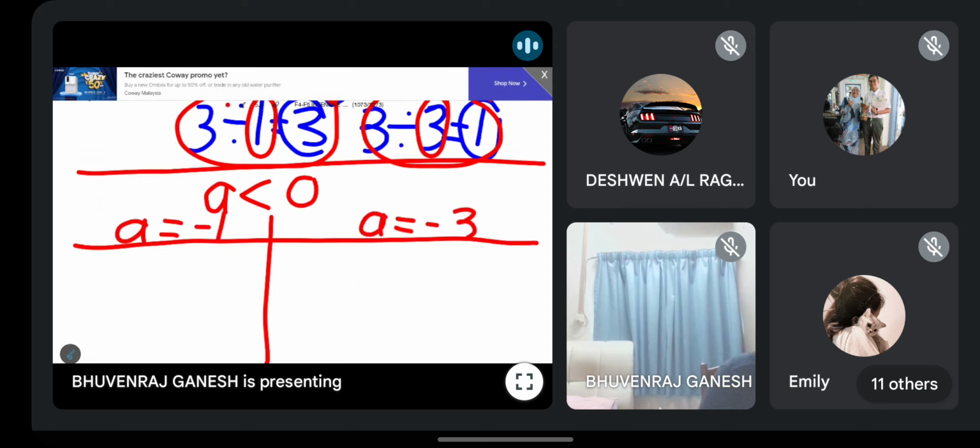We compare now. Which graph will be wider? Graf mana akan lebih besar? How about the rest? What do you think? This one is a bit confusing, so you all must know it really well.